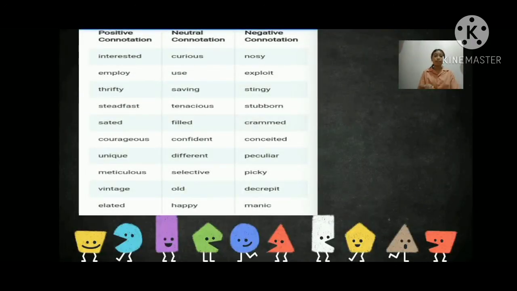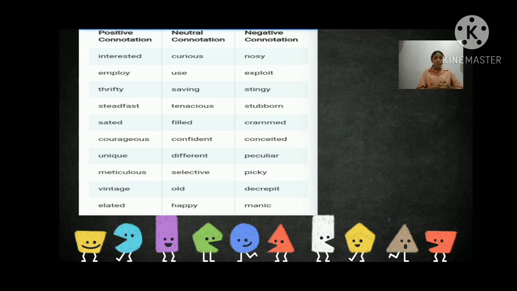As you can see from the screen, there are three columns. The first column is the positive connotation, the second column is the neutral connotation, and the third column is the negative connotation. As I've said a while ago, a connotation can either be positive, neutral, or negative. For the positive connotation, we have the words interested, employ, thrifty, steadfast, and for the neutral connotation, we have curious, use, saving, tenacious, and for the negative, we have nosy, exploit, stingy, stubborn, crammed, and conceited.